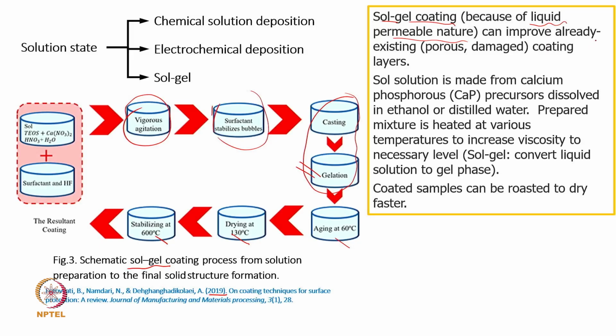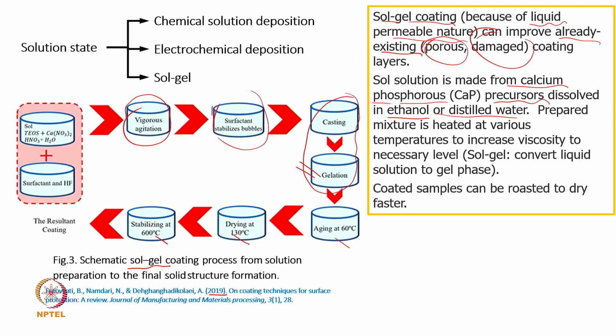So, sol gel can improve an already existing coating. Maybe the coating has become porous or damaged, those coatings can be repaired using the sol gel coating methodology. Now, there are various solutions. One solution is a calcium phosphorus precursor, depending on what kind of precursor we are going to use, and then they dissolve in either ethanol or distilled water, and then with agitation the mixture is made.